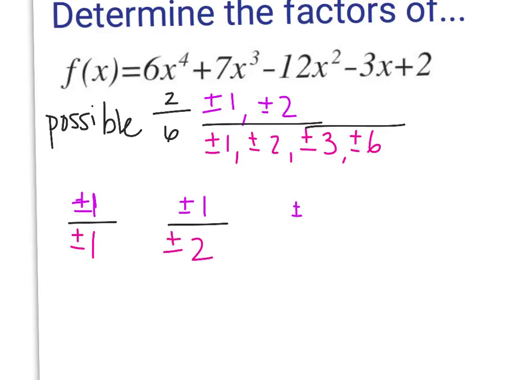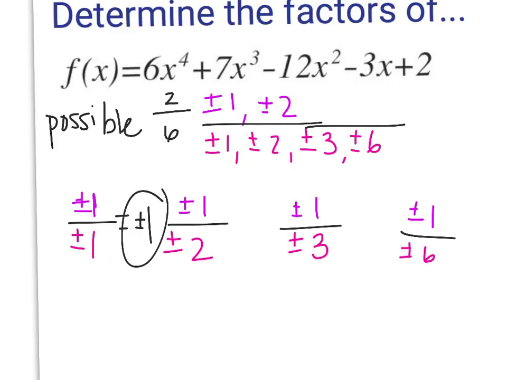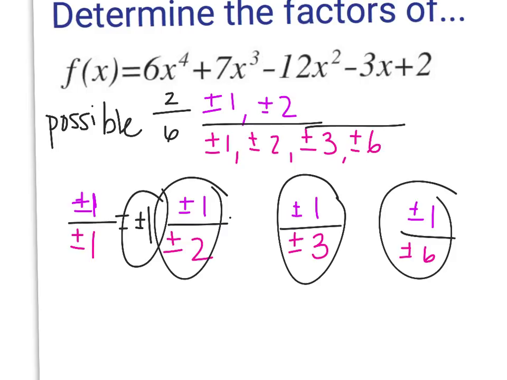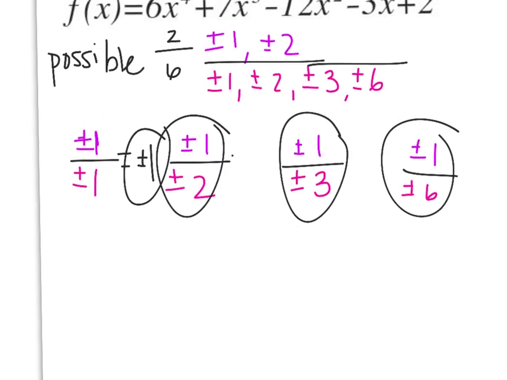And then positive and negative 1 divided by positive and negative 3. And then positive and negative 1 divided by positive and negative 6. Then going through the math, positive negative 1 divided by positive negative 1 is just positive negative 1. So there's a pair that's possible. That's still going to be 1/2. That's possible. 1/3, 1/6.